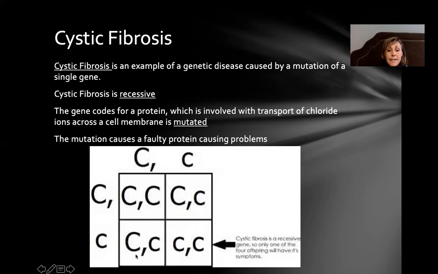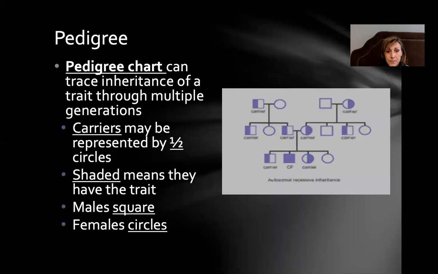These two right here are heterozygous normal, they would have the normal protein, they would not have cystic fibrosis. This child right here would have cystic fibrosis, they are homozygous recessive. So if you said 25% chance of a kid having cystic fibrosis, or 1 in 4, you'd be correct.